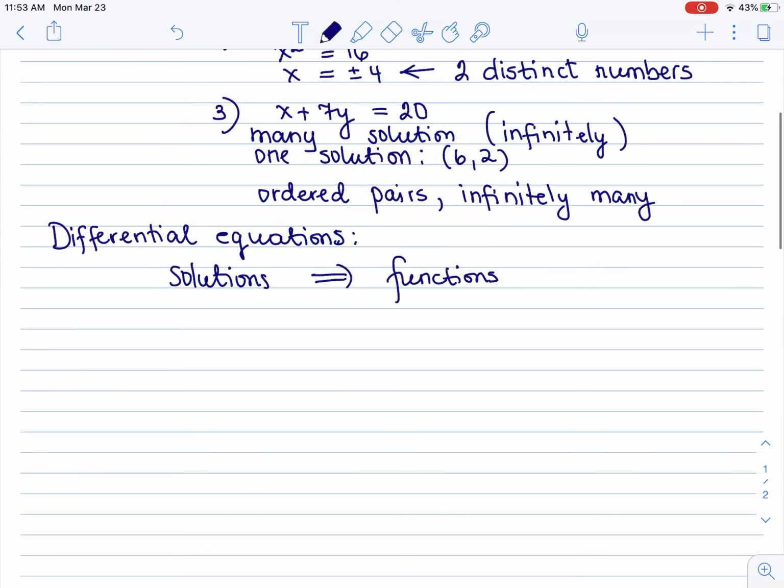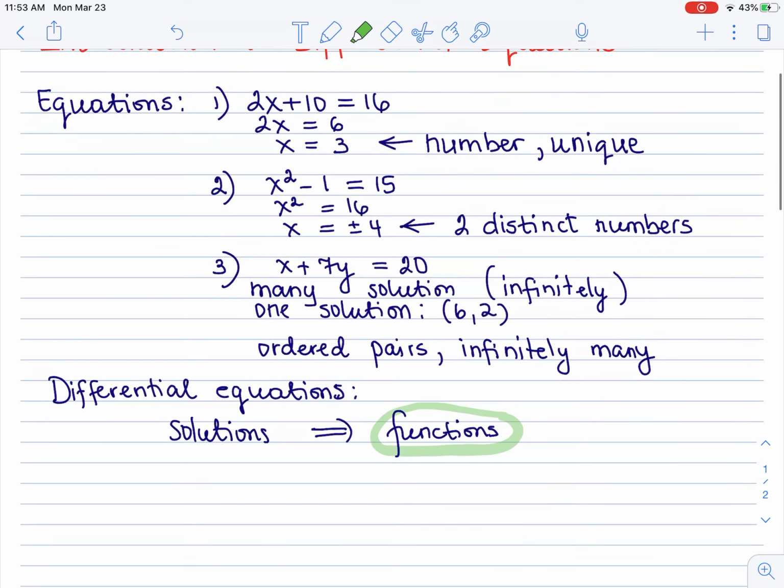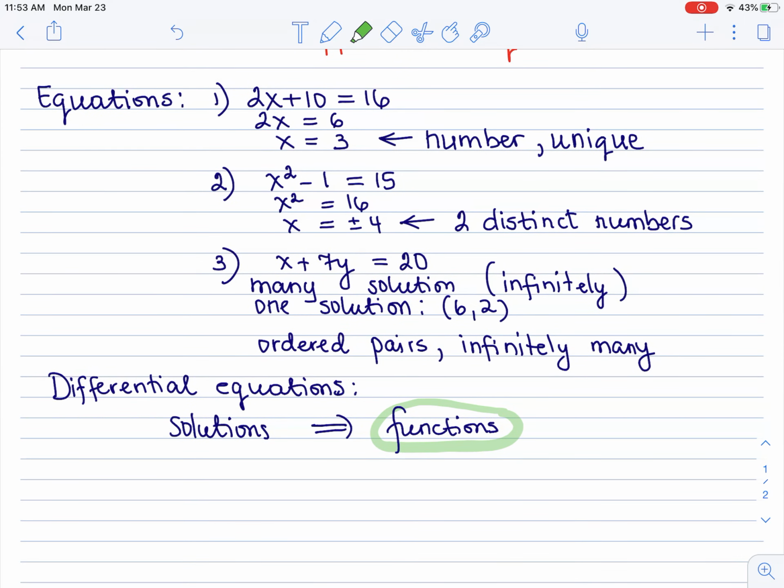So not numbers, and this is the number one thing that I want you to get out of this introductory video. The solutions to differential equations are not numbers, they're functions. I'll emphasize it again. Functions. Whole families of functions, different functions. Could be lots of different things: exponential, logarithmic, trig, polynomials. You'll see all sorts of examples.